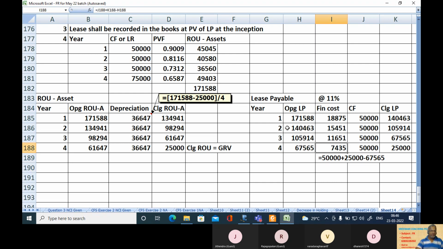Is it okay? Now the scheme of journal entries shall get operated this way. Here year 0, journal entry is debit ROU asset 171,588, credit lease payable.